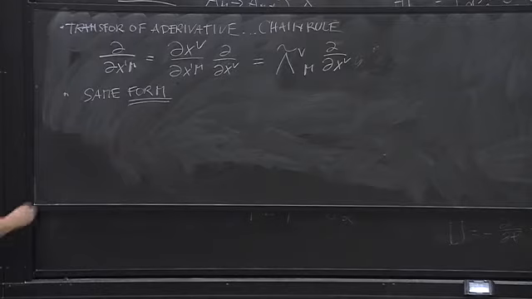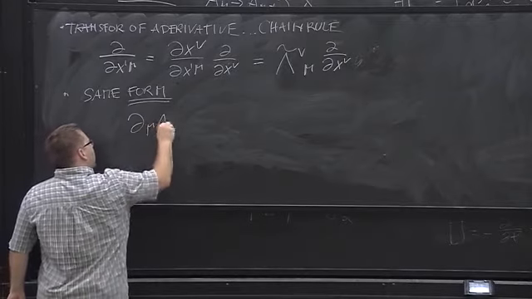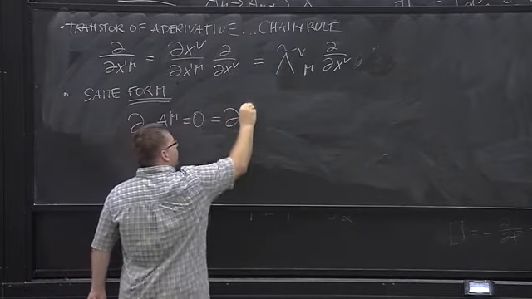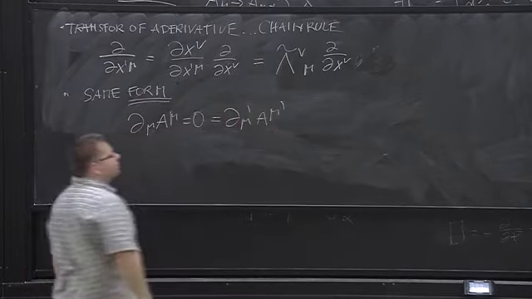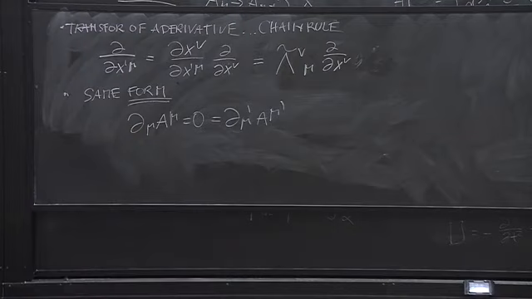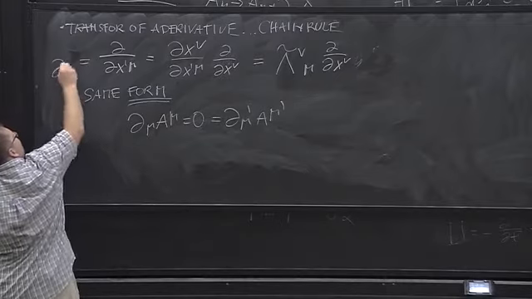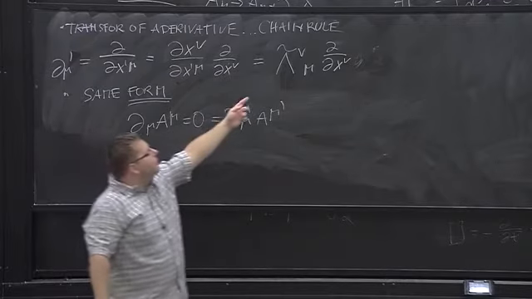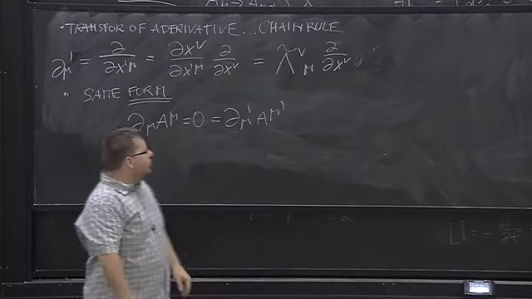And so what I require is that d mu A mu equals to 0 must be the same thing as d mu prime A mu prime. This is what you require. But you know how d mu prime transforms. So d mu prime is just lambda tilde nu mu d nu.